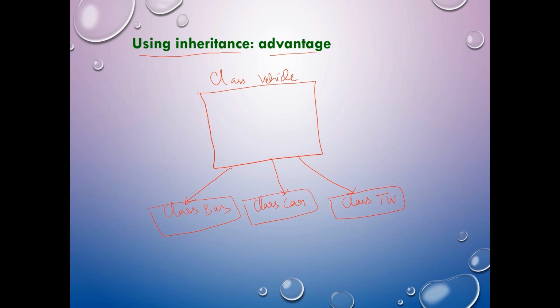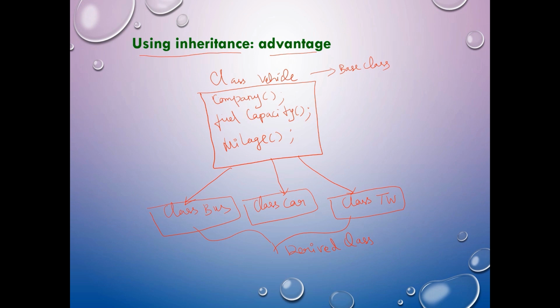This class vehicle is a base class, and the properties of the base class are company, fuel capacity, mileage. These 3 classes are derived classes. Like this we can define these classes.